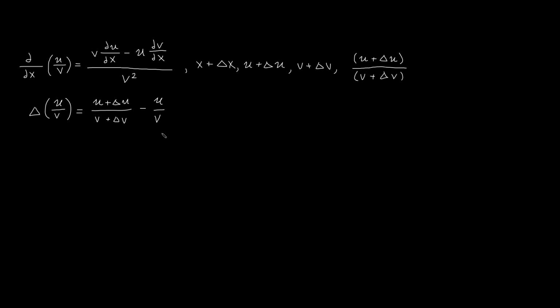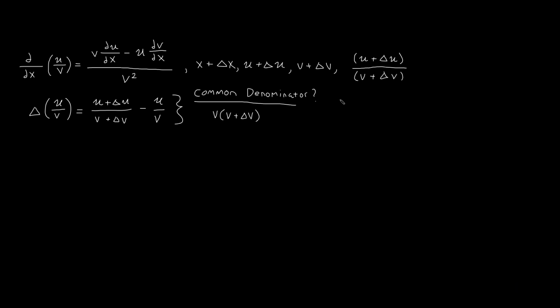So we have this equation here, and ostensibly we're supposed to find the difference between these two rational expressions. But the issue is we cannot find the difference between these rational expressions unless they have a common denominator. So we need to find the common denominator. In this case, the common denominator is going to be v times v plus the change in v.